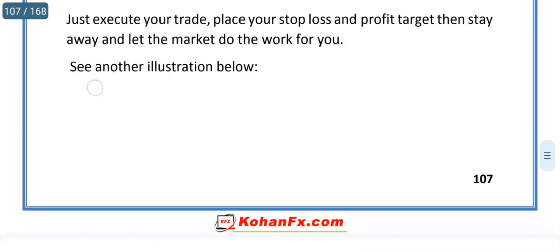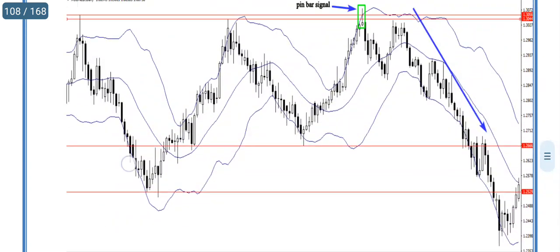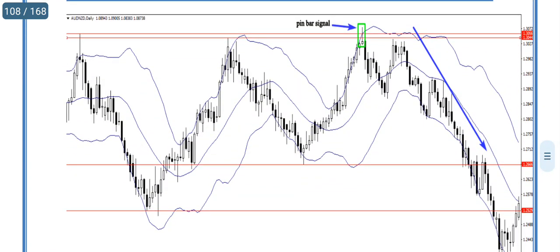This is another illustration that we can use to master the market Bollinger bands.